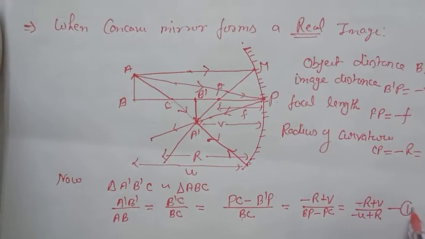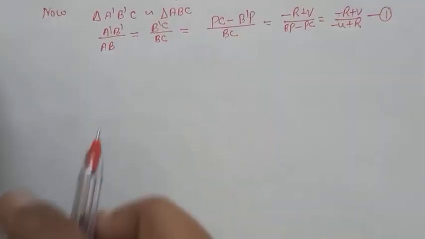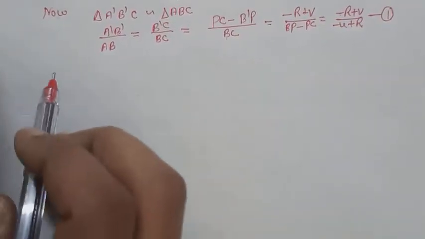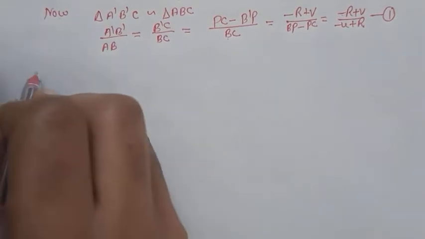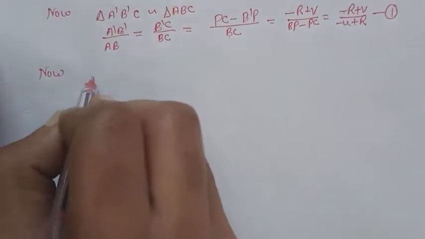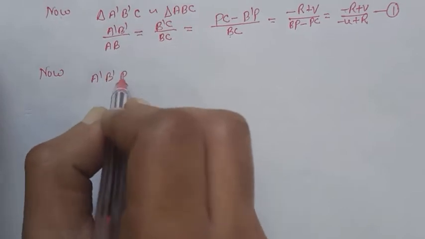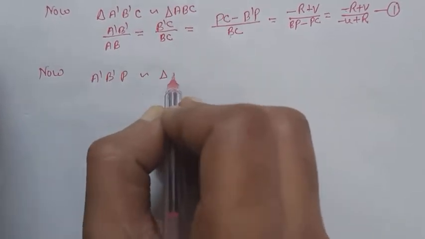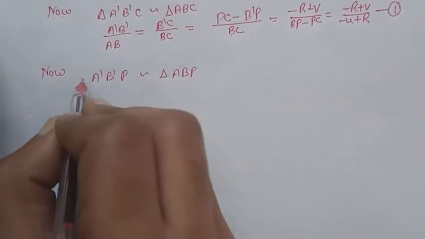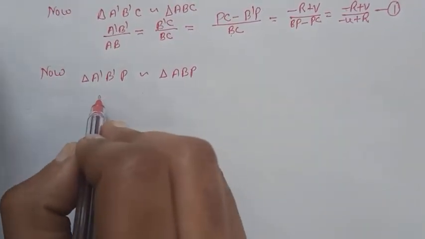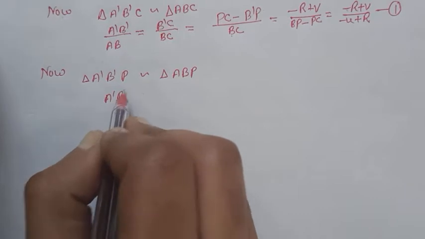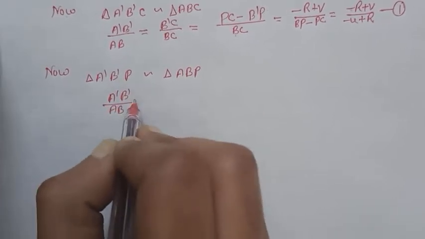Again, taking the triangles A dash B dash P and ABP. Triangle A dash B dash P is similar to triangle ABP. Again we take the ratio of heights, image height and object height, A dash B dash divided by AB.